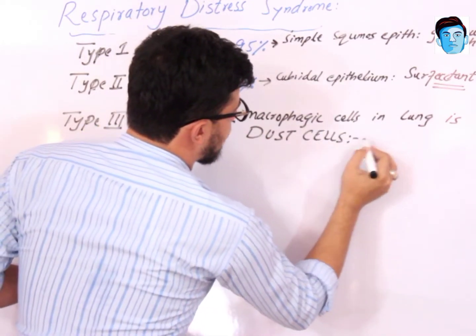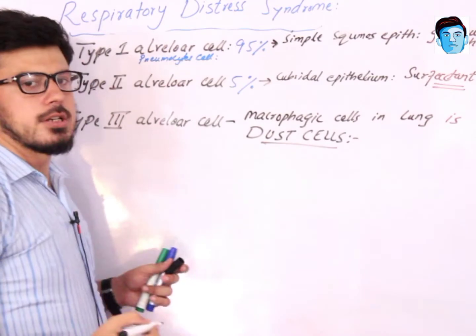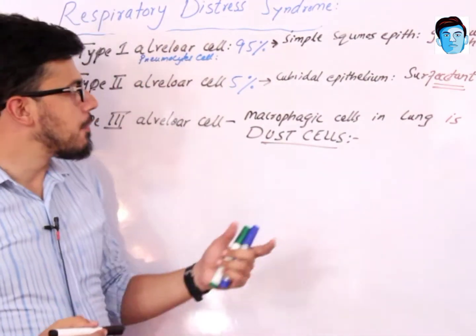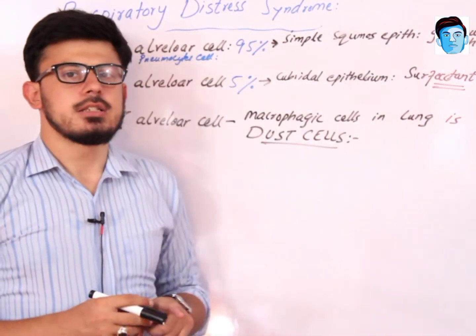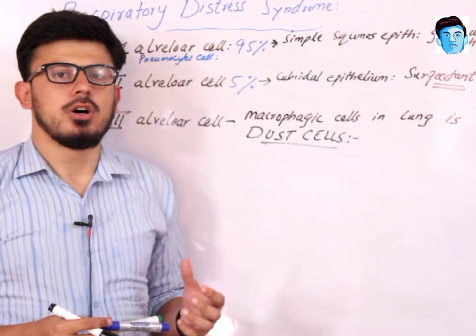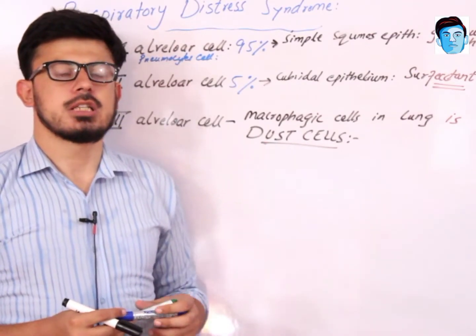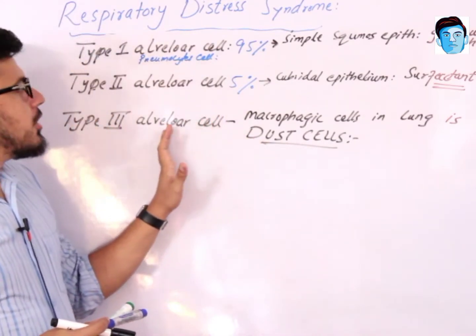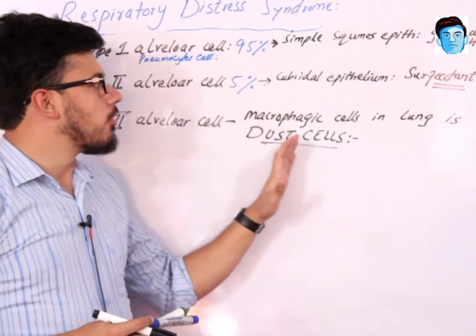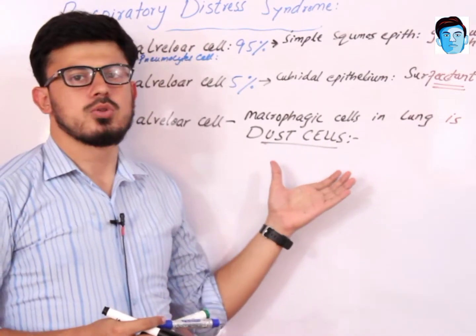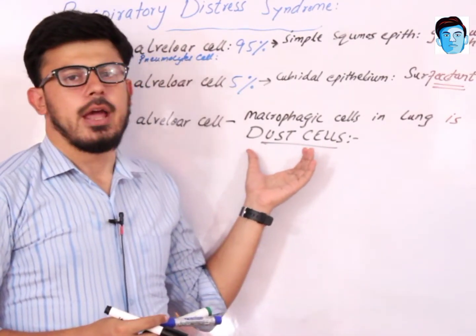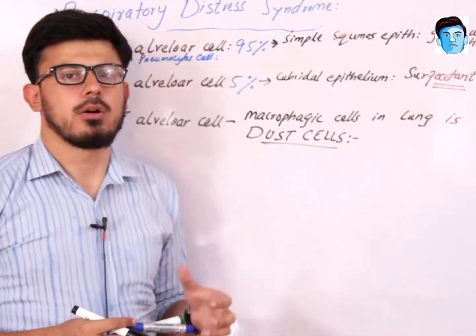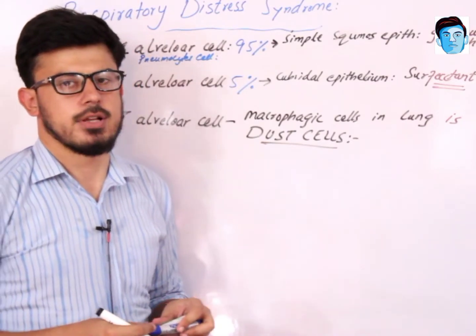What is the most important function of the dust cell? These are professional phagocytic cells, meaning they remove microbes from the respiratory surface.